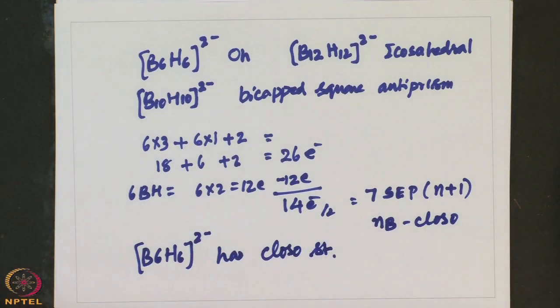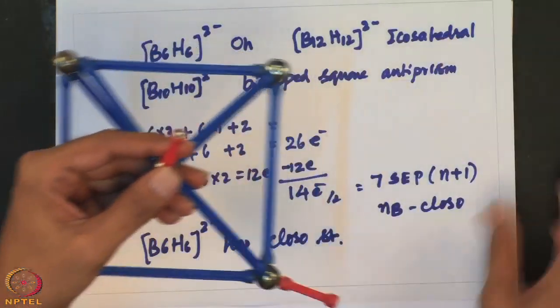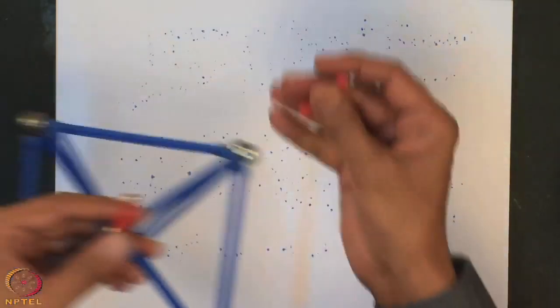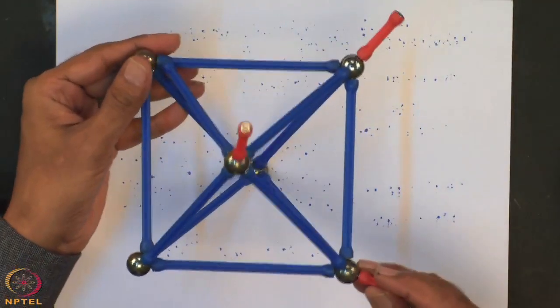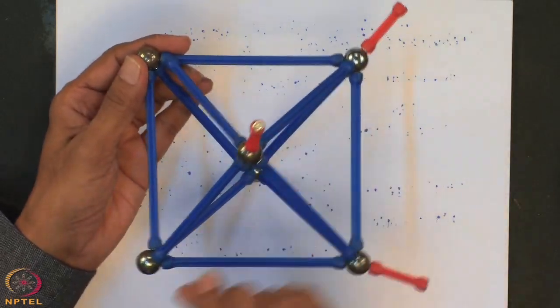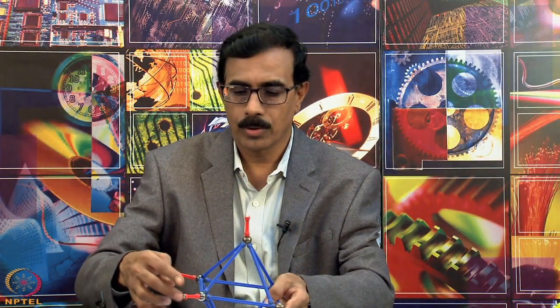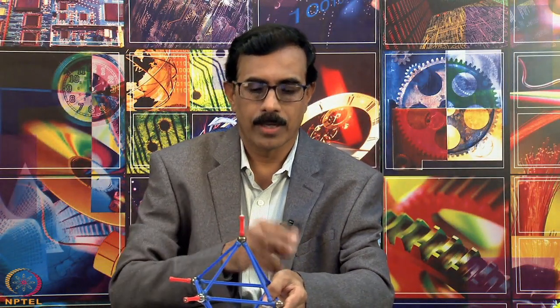That means it is something like this, and in this one, each one has one BH bond. It is something like this. So, this is your BH bond, so this is the structure of B6H6 2 minus. We should put 1, 2, 3 here, 1, 2, 3 here. So, we have B6H6 2 minus.